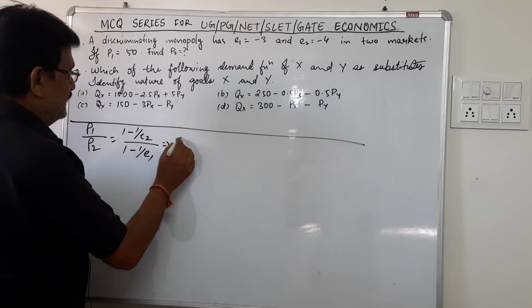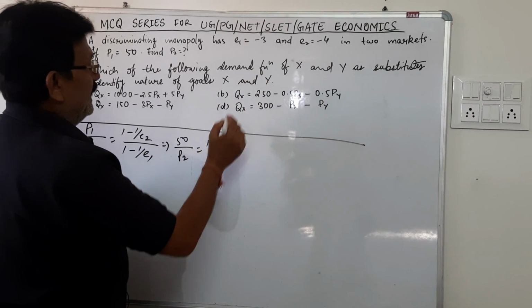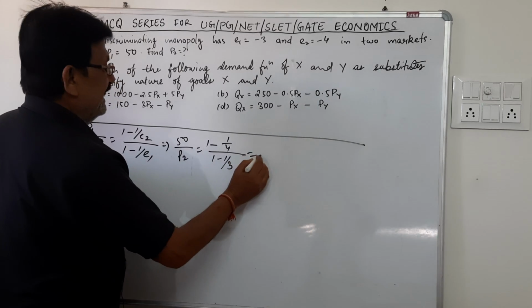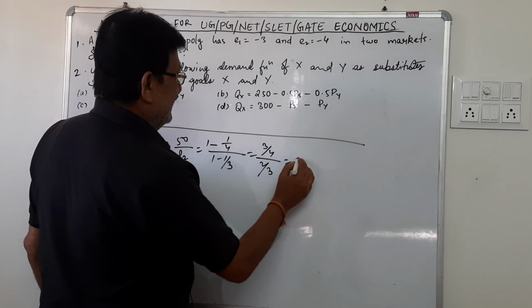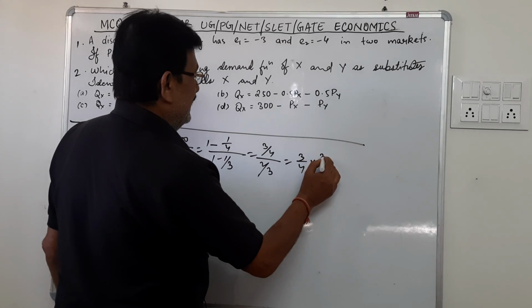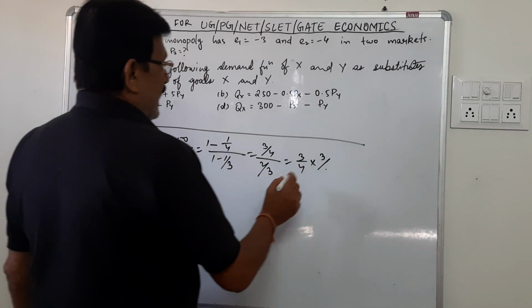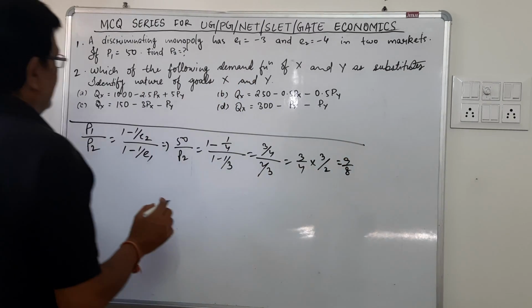So this is 50 by P2, equal to (1 minus 1 by E2), that is 1 minus 1 by 4, which is 3 by 4, divided by (1 minus 1 by 3), that is 2 by 3. So 3 by 4 times 3 by 2 is 9 by 8.